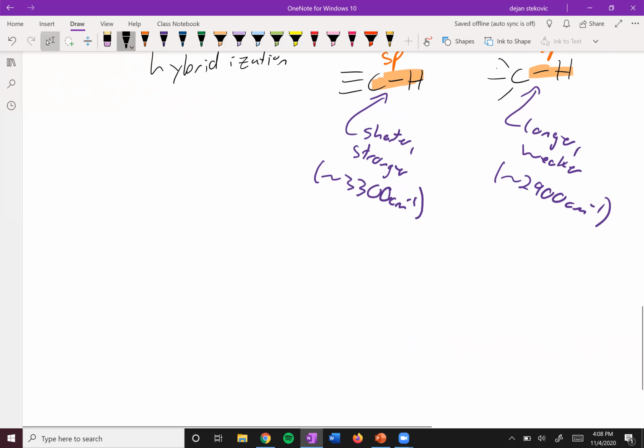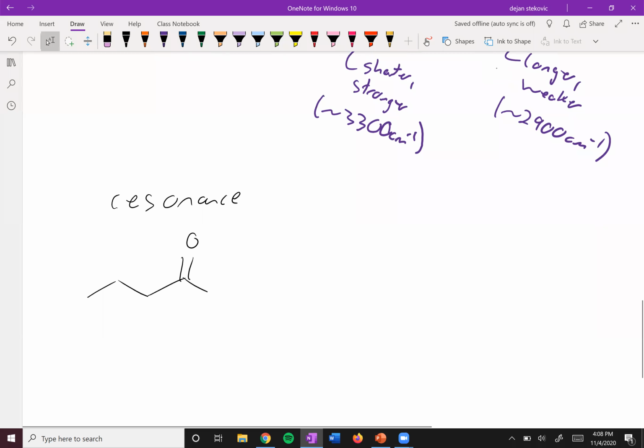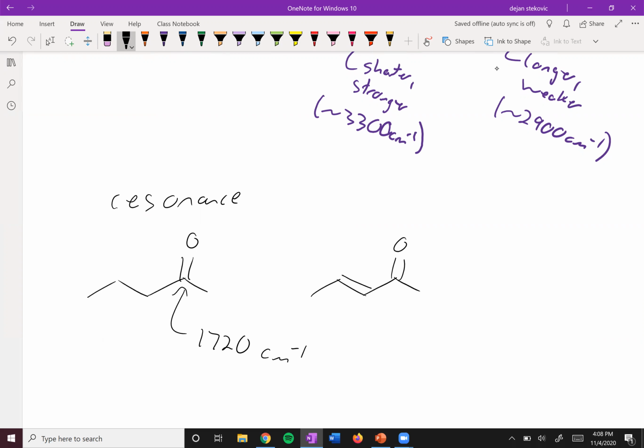Another thing that can be a factor is resonance. We can see the effects of resonance. So for example, this carbonyl will absorb at 1720 inverse centimeters, whereas this double bond will absorb at 1680. And we can think about that as resonance.